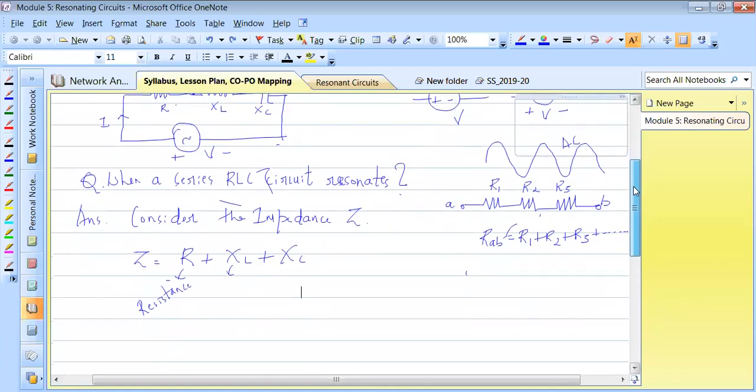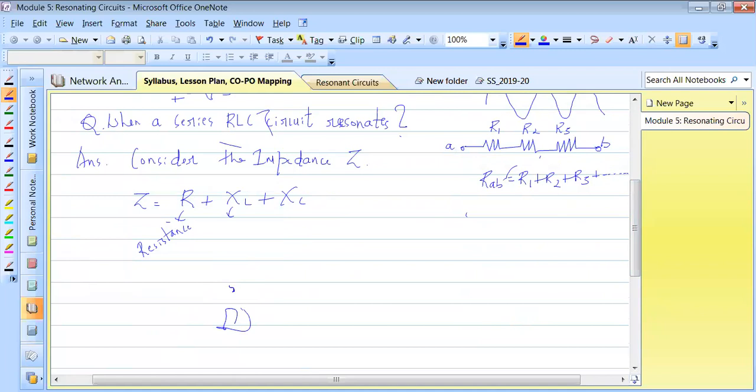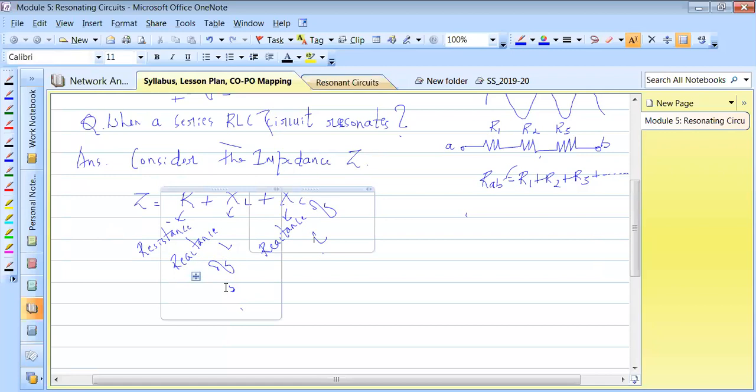Everybody understand that part? See here. That's why the impedance is written like this, where this R is the resistance of the circuit. Now, what is this? This is the reactance of L. This is the reactance of C. Understand that point now?